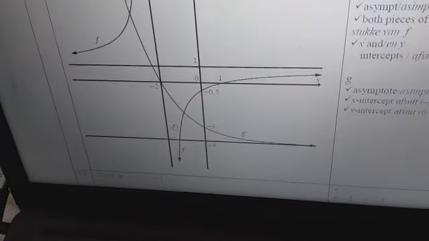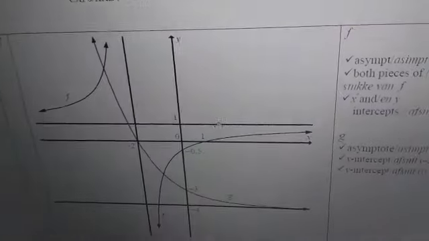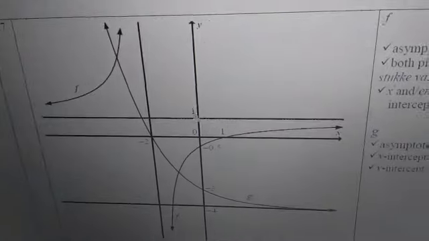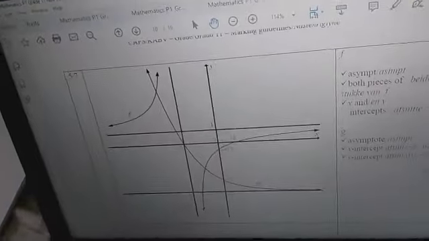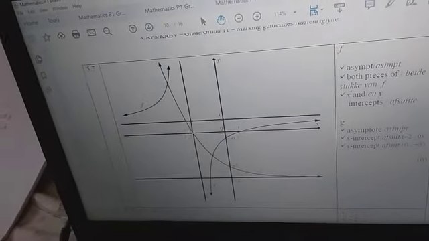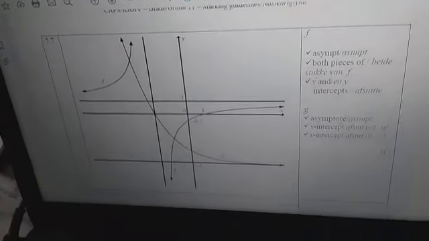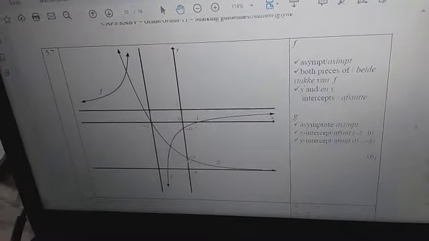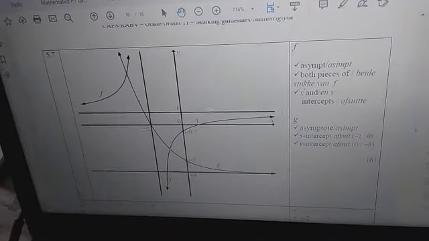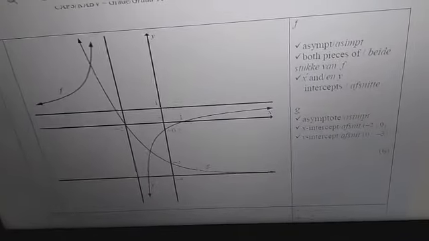So you just plot your graph here, and this is the horizontal asymptote of f of x, which is at 1, and the vertical asymptote is this one at -2, and this is the horizontal asymptote of the exponential graph, which is g at -4, and this was your -3 being the y-intercept of this graph, and we also determined the x-intercept of g of x.